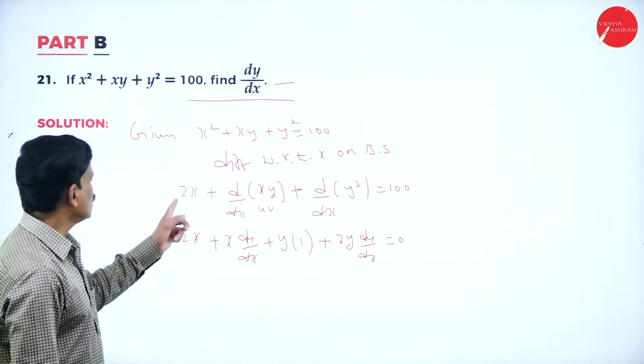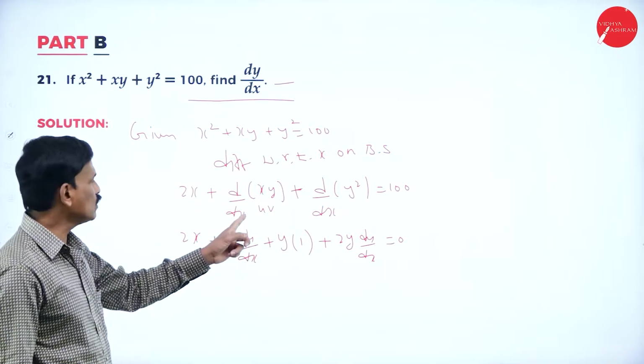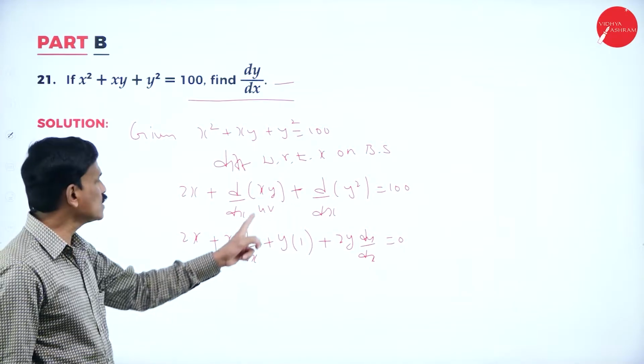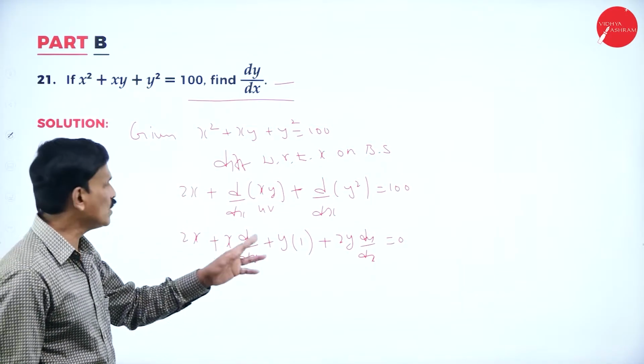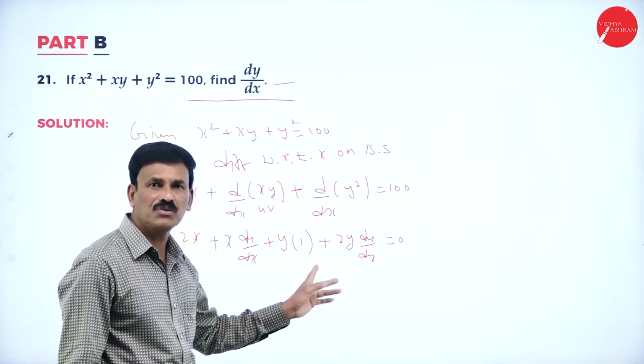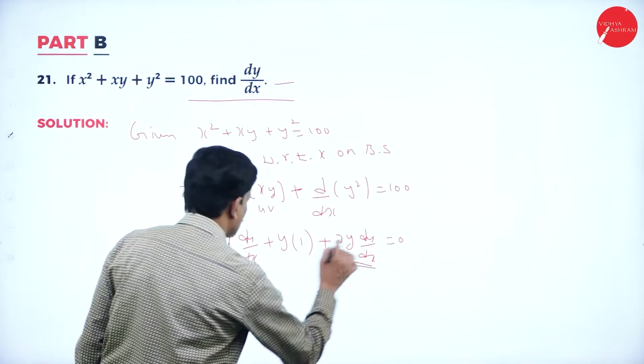Okay. See here, 2x is differentiation of x square, and d by dx of xy is nothing but product rule, first function into differentiation of second function is dy by dx plus y into differentiation of x is 1 plus again this is function of a function, chain rule, derivative of y square is 2y into dy by dx. Now equate the terms containing dy by dx on one side.